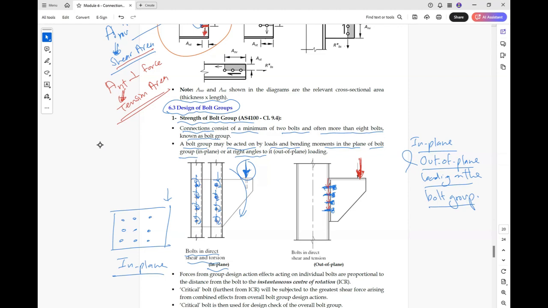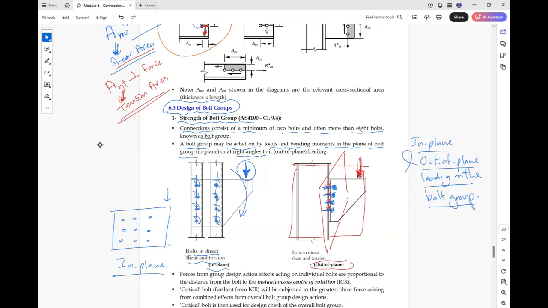If this is the plane of the force, the bolts are out of plane, or in another plane here. So they are not in the same plane. That's why it is out of plane loading.